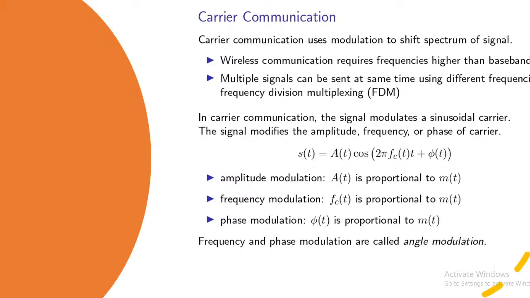Phi(t) is the phase. So in amplitude modulation, A(t) will be proportional to m(t). In frequency modulation, Fc will be proportional to m(t). In phase modulation, phi(t) will be proportional to m(t). Frequency and phase modulations are called exponential modulations or angle modulations. We'll discuss them later. Next.